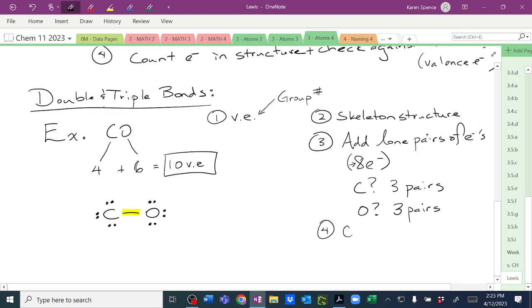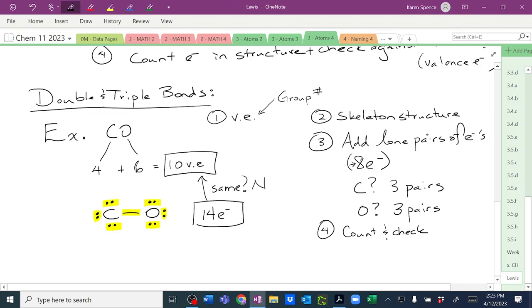Step 4, we're going to count and check. So we're going to count the electrons in this structure. 2, 4, 6, 8, 10, 12. 2, 4, 6, 8, 10, 12, 14. Are these the same?